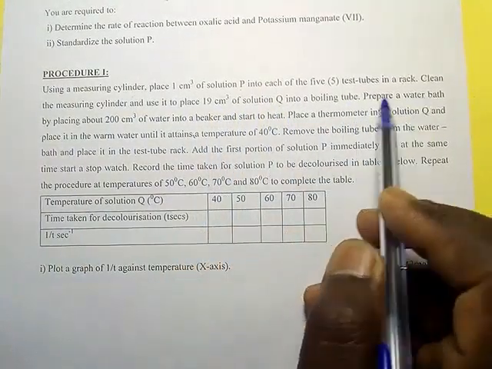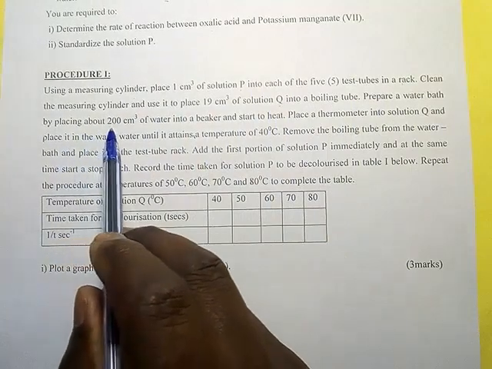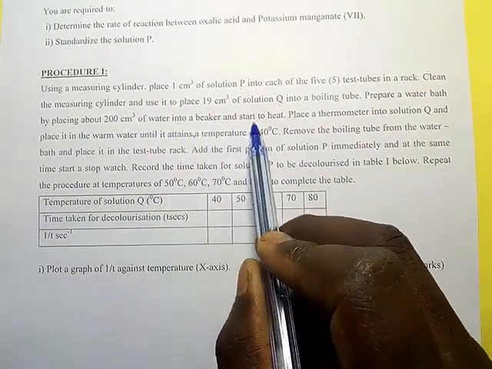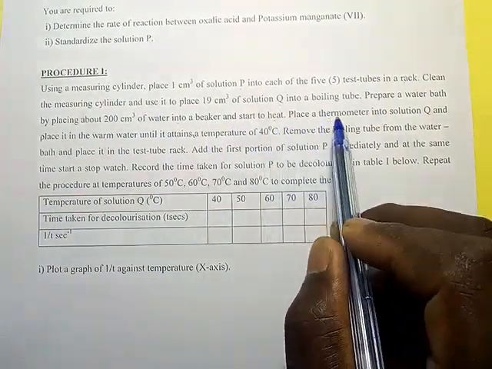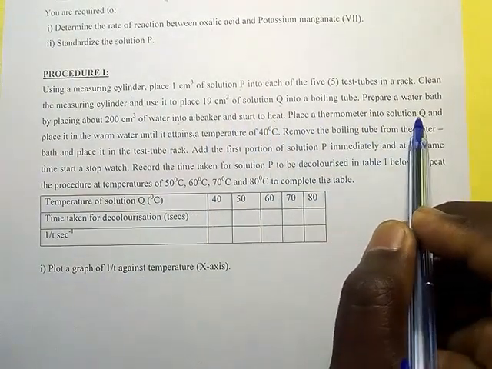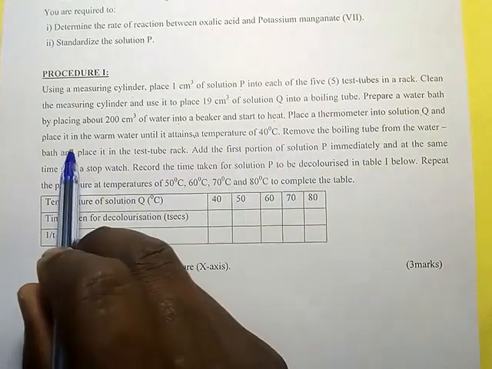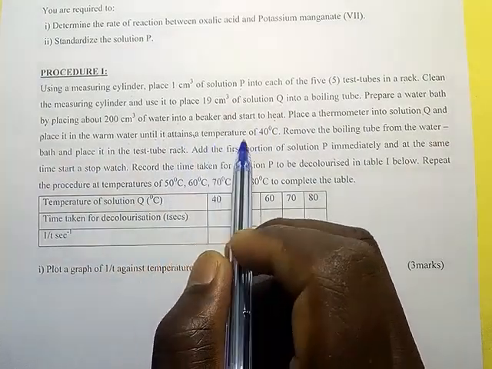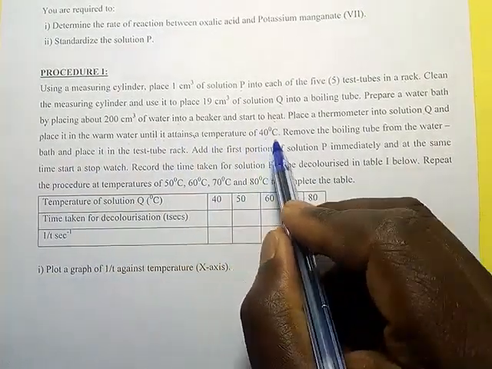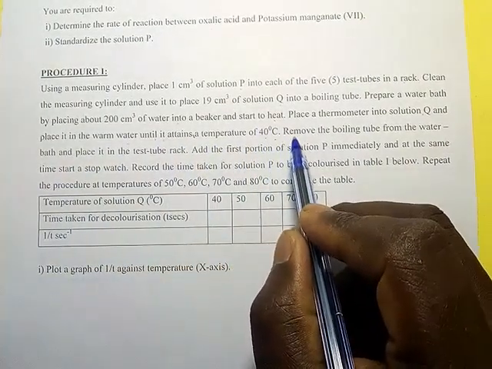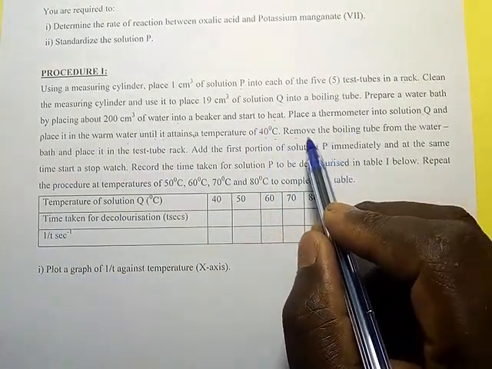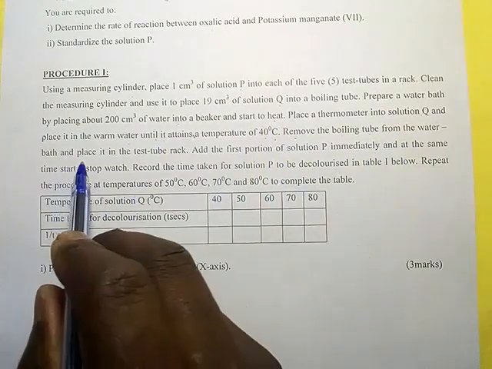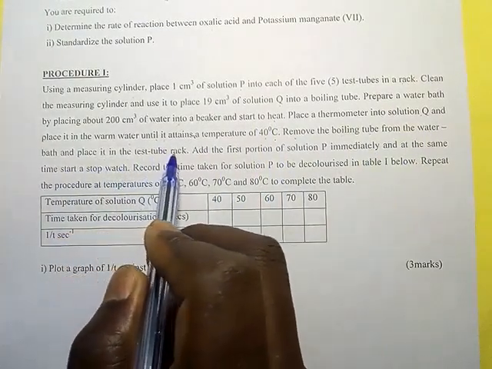Prepare a water bath by placing about 200 centimeters cube of water into a beaker and start to heat. Place a thermometer into solution Q and place it in the warm water until it attains a temperature of 40 degrees Celsius. Remove the boiling tube from the water bath and place it in a test tube rack.